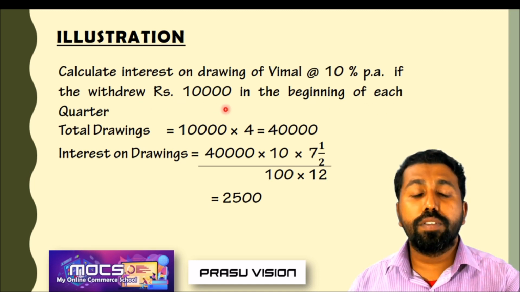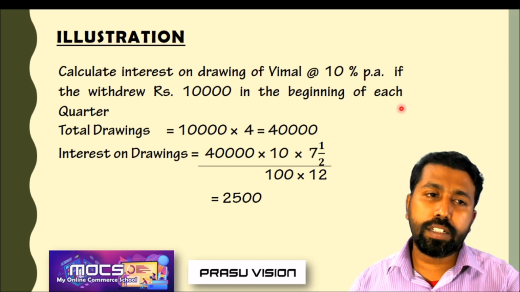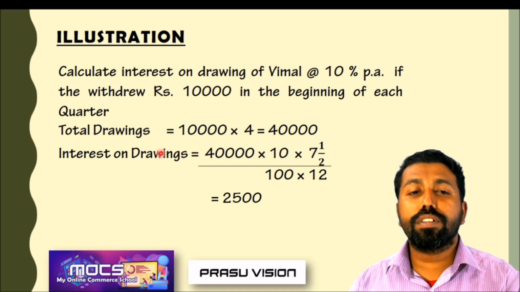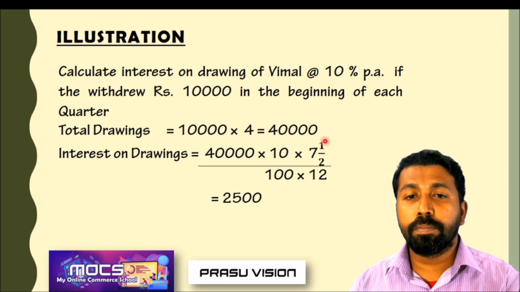So here in total drawings, there is a change. Total drawings is equal to 10,000 into 4, not 12, because 4 times the partners are withdrawing. In a year, 4 quarters will be there. So 10,000 into 4 is equal to 40,000.